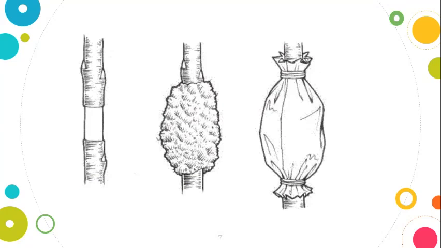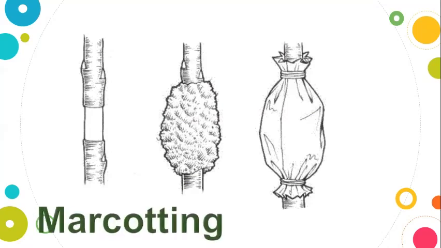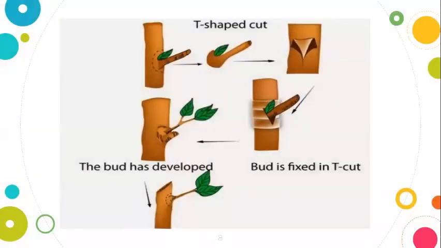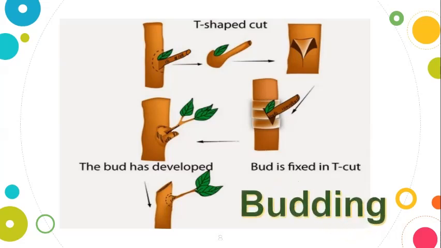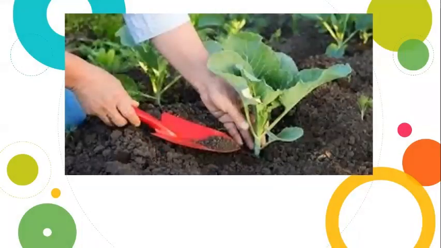So write down your answer. And this is marcotting. Very good. Let's proceed. How about this? Write your answer. And it is budding. Next picture.